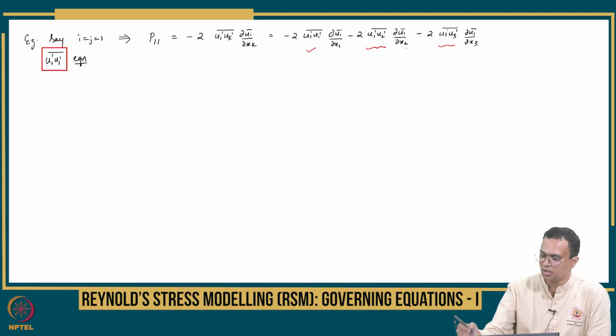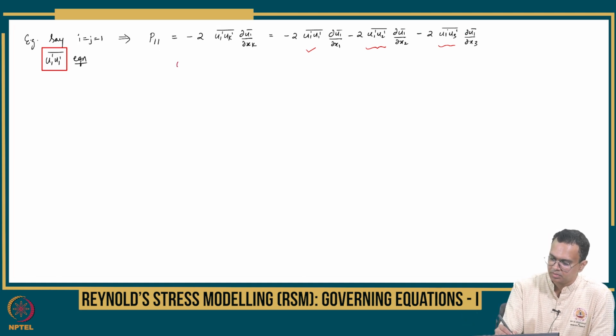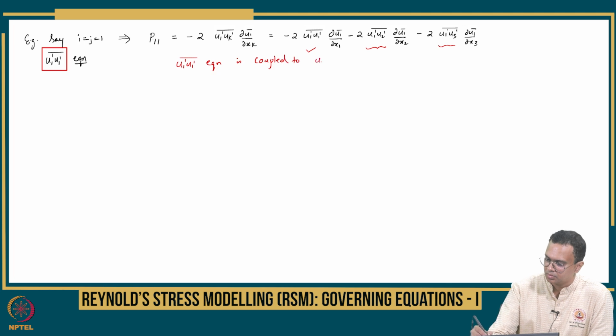So we can see what u1 prime u2 prime depends on. Okay, so here we can say the u1 prime equation is coupled to the u1 prime u2 prime and u1 prime u3 prime equation.